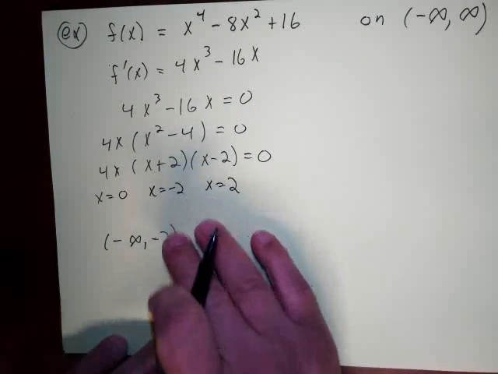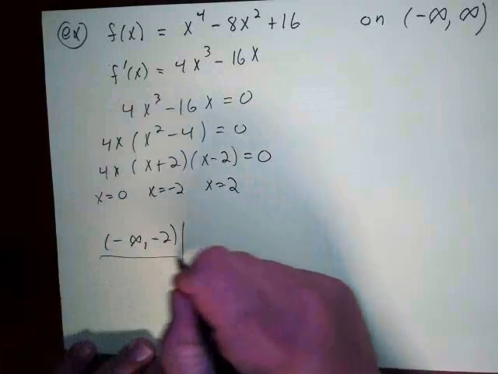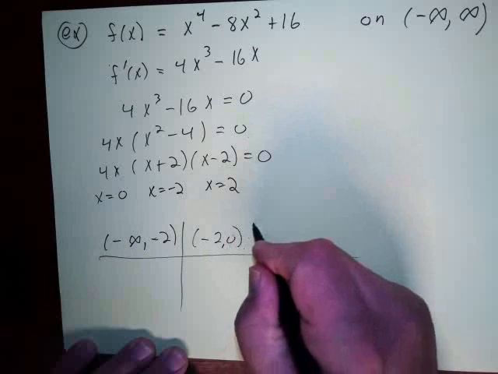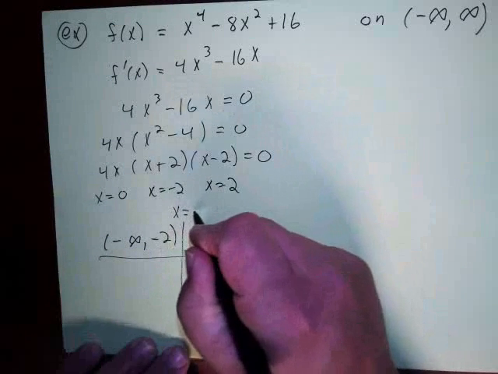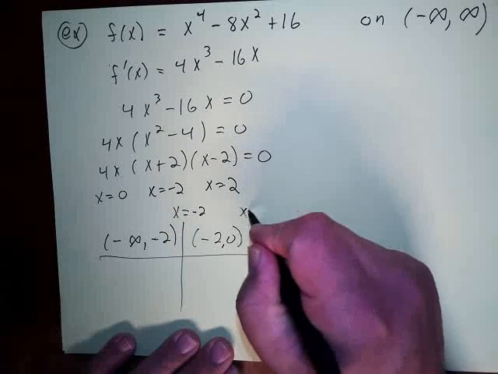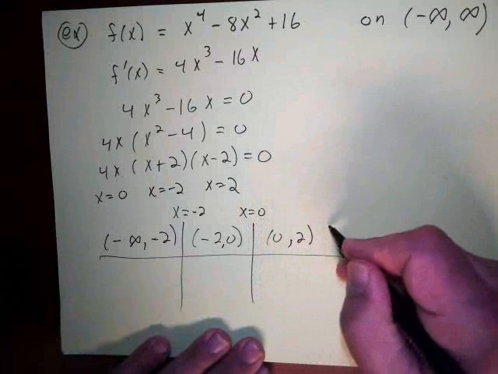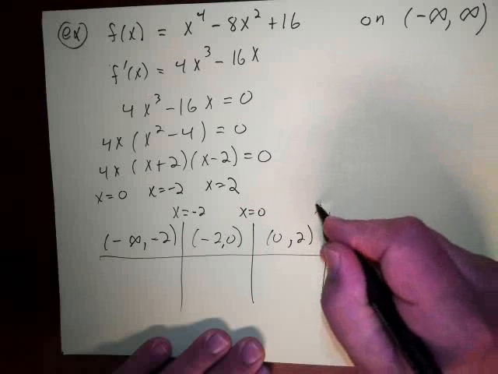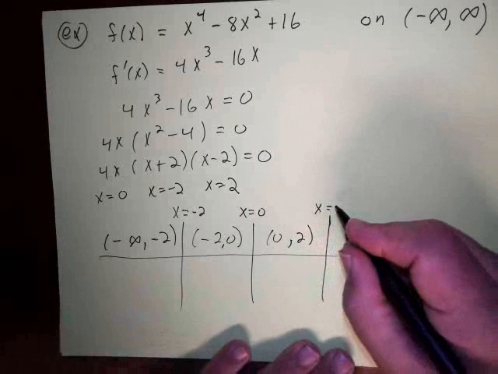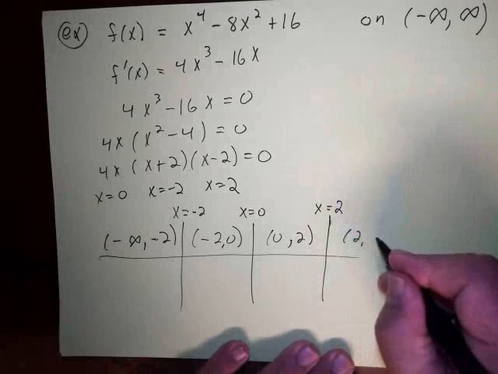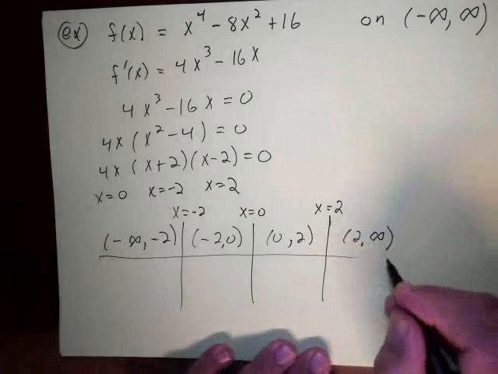So you'd have negative infinity to negative 2, negative 2 to 0. This is the first critical point. This is the second critical point. And then 0 to 2. And that would be this critical point, x equals 2, and this interval would be 2 to infinity.